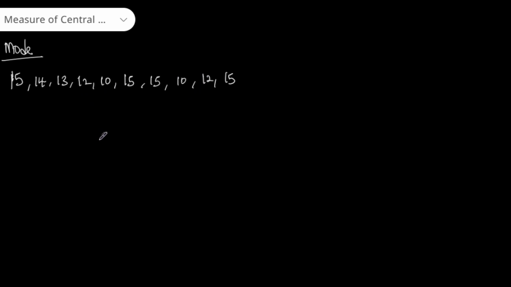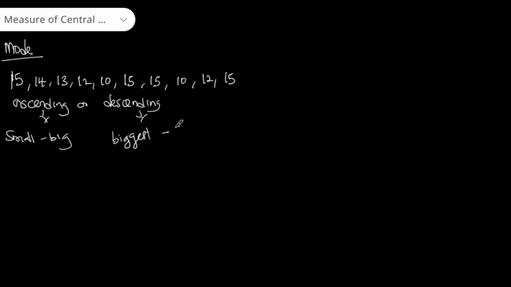How do I find the mode of this data? The mode of this data is the data that occurred the most. You can decide to rearrange, just like we did for median, arranging either in ascending order or descending order. Ascending is arranging from smallest to biggest, while descending is arranging from biggest to smallest.